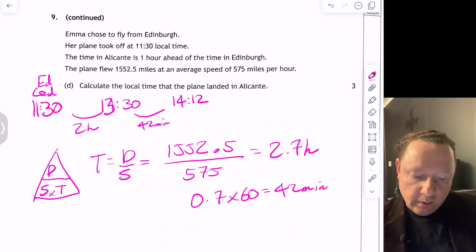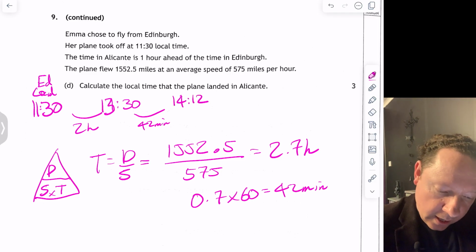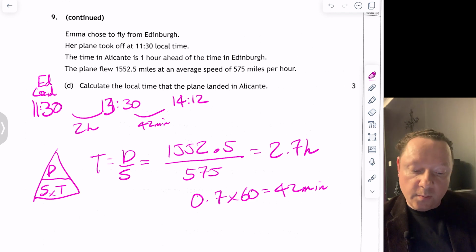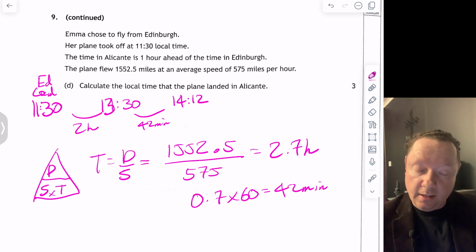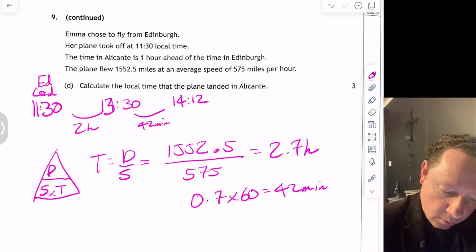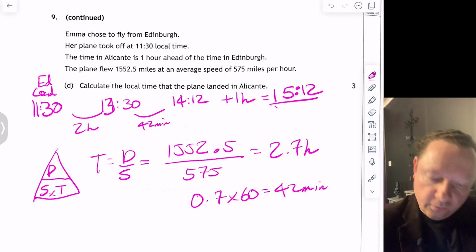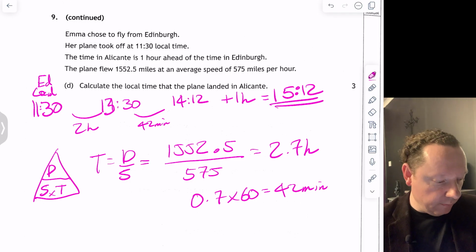And then we need to add an hour because it says Alicante is 1 hour ahead. I want to know the local time the plane landed in Alicante, the Alicante time. So I need to add 1 hour because Alicante is 1 hour ahead. So that gives me 15:12 or 3:12 PM if you prefer.